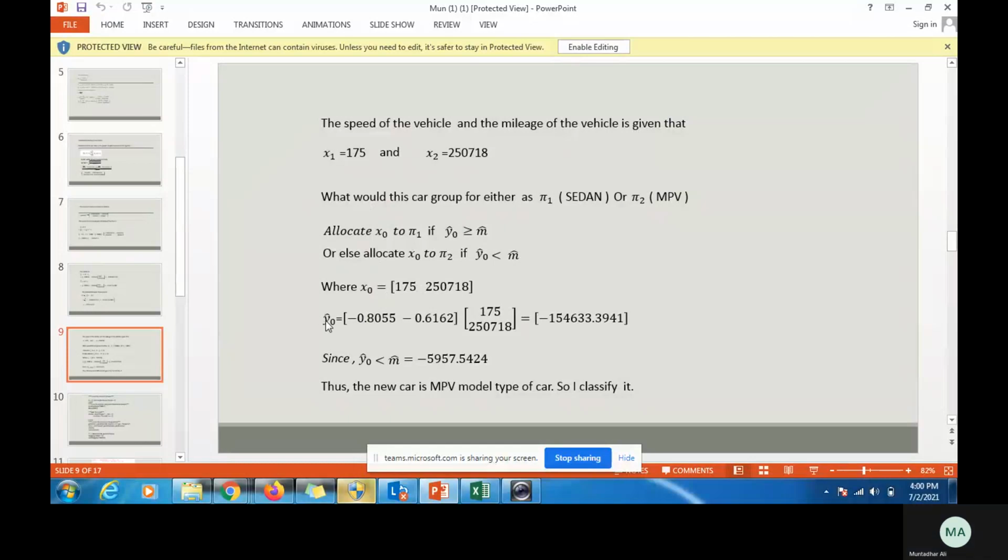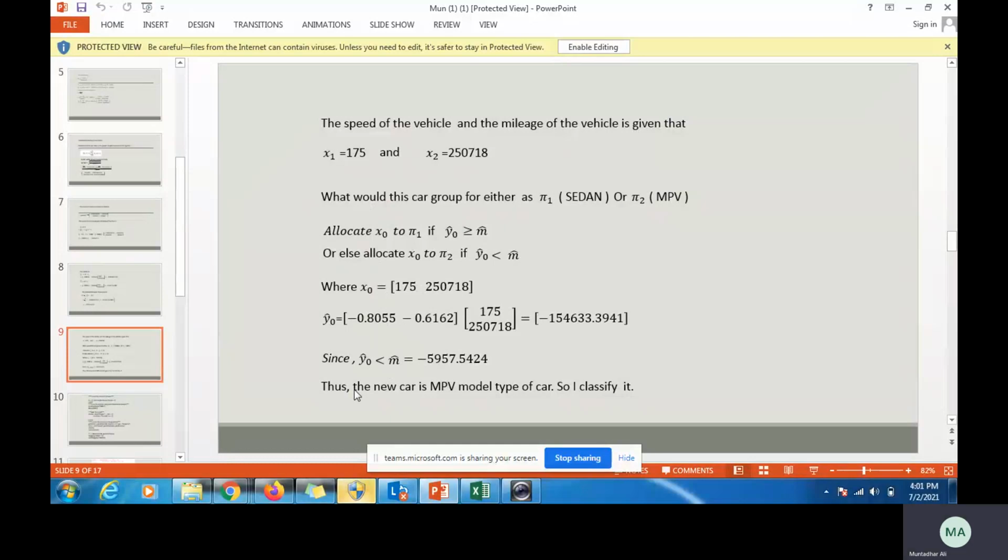Then we got y hat not equal to minus 0.8055 minus 0.6162 with x1, x2. We calculate this value, which shows m hat is greater than y hat not. So the new car is an MPV model type of car.